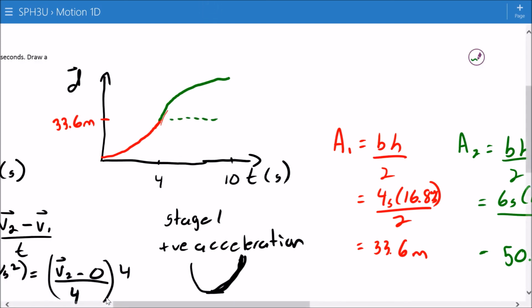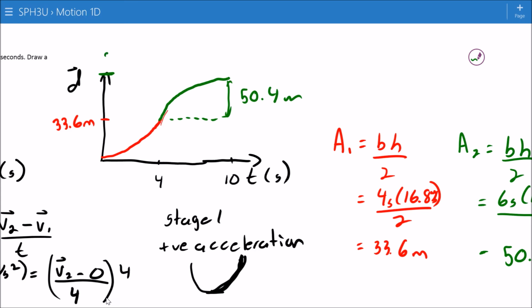Now we have to be a little bit careful here. That's the displacement, that's not the position. What that means is that in this section here, it's gone an additional 50.4 meters. It doesn't mean that this value is 50.4. This value right here would be the sum of these two displacements. You have two different times that you did two different displacements over.